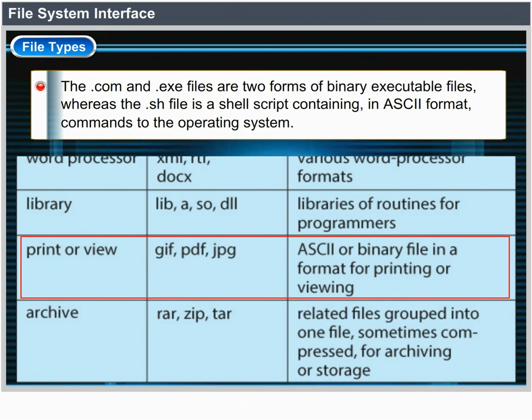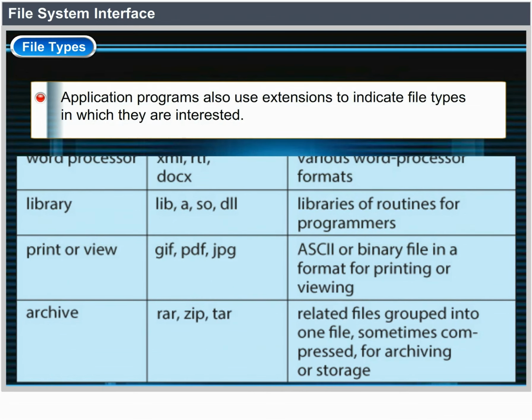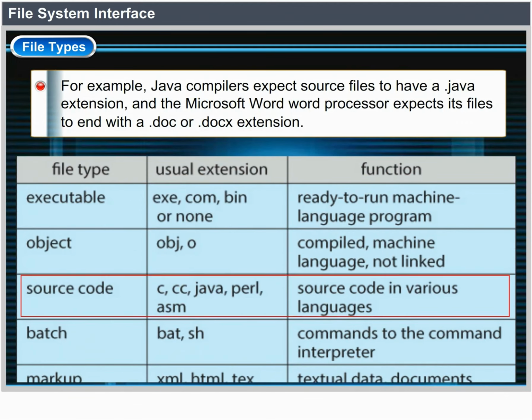Application programs also use the extensions to indicate file types in which they are interested. For example, Java compilers expect source files to have a .java extension, and the Microsoft Word processor expects its files to end with a .doc or .docx extension.